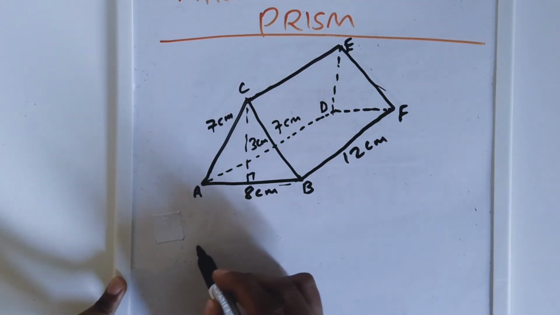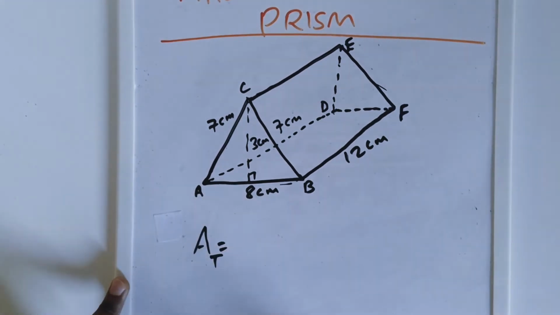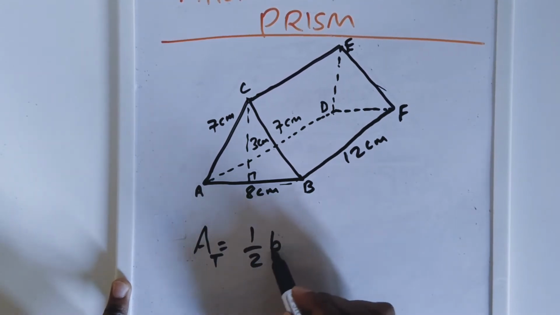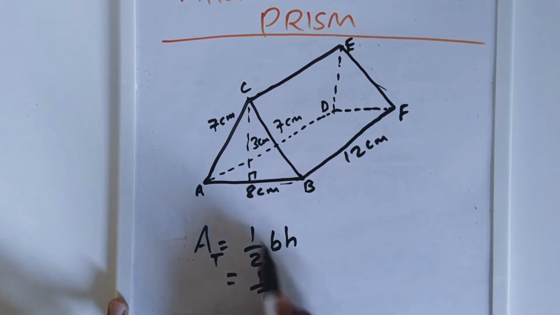So, what is the area of the two triangles? What is the formula for the area of a triangle? It's a half base times height. In this case, what is our base?